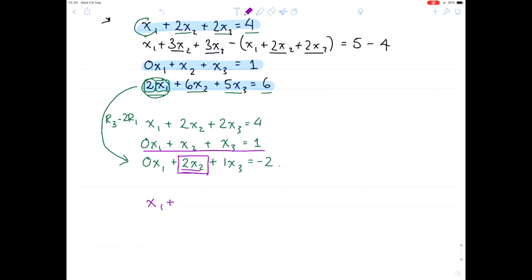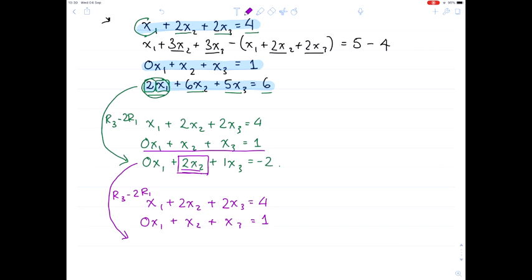So I'm not changing my first row. I'm not changing my second row. But what I am saying here is row 3 minus 2 times row 2.